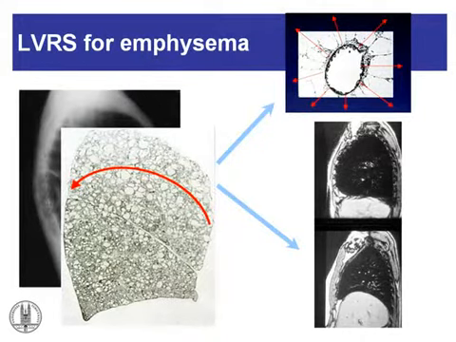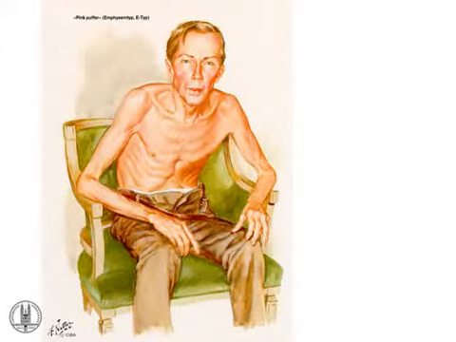So our hypothesis, independent of the quality of this tissue, is that if the remaining lung tissue is still good enough for sufficient gas exchange, you will have a positive effect as well. When you look at the patient with emphysema, you see the typical clinical signs.